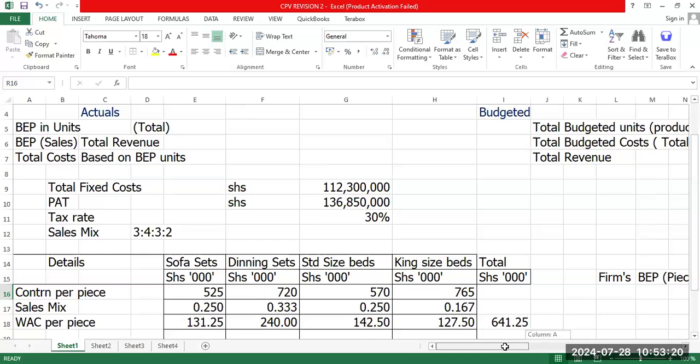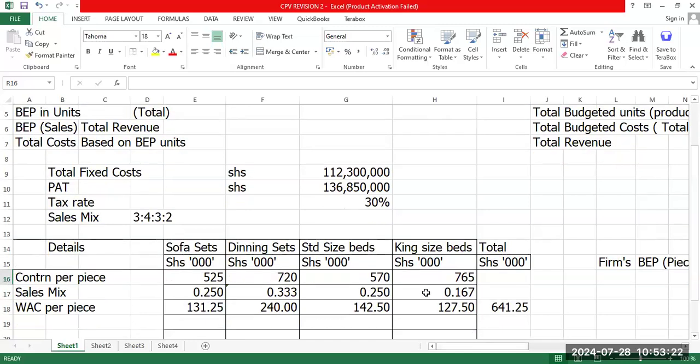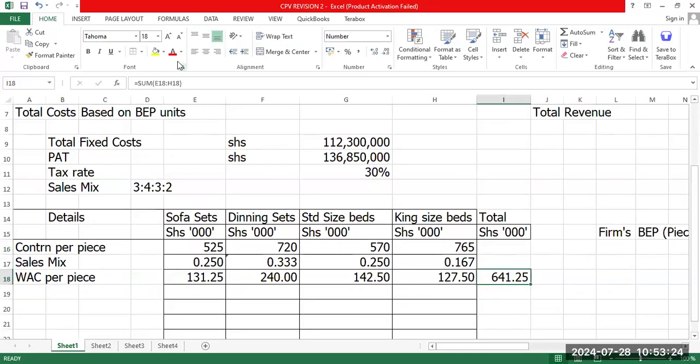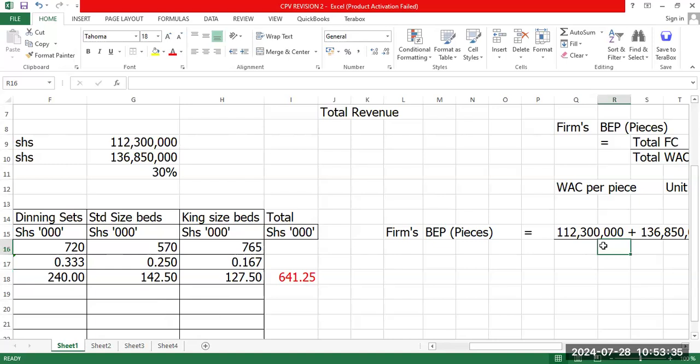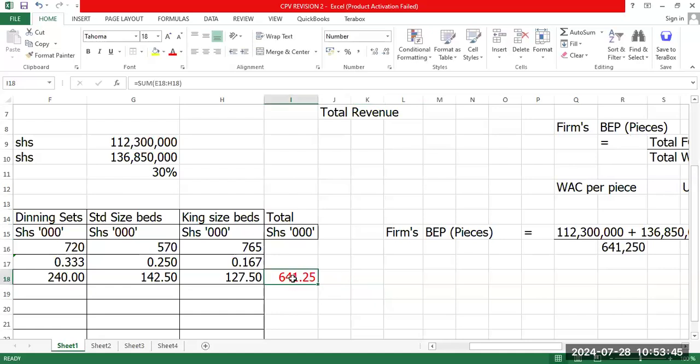Our total work per piece is this one. But remember, this figure is in thousands. So you write 641,250. If we get this figure and multiply by 1,000, I believe we get this figure.